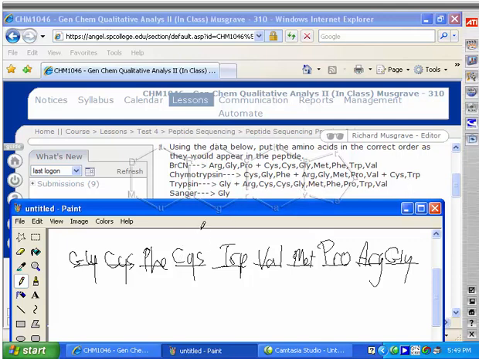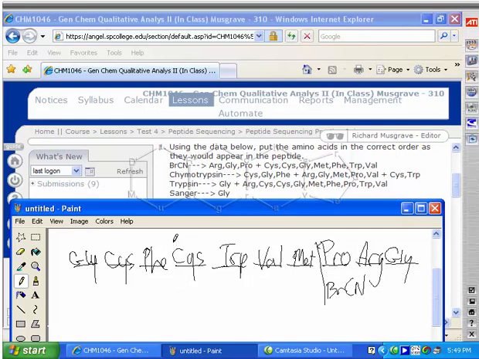At the end, you should probably go through and cut and make sure that the cuts do produce the data that's above. So what I can do is look at BRCN, it cuts after MET. And what do you know? I get 2 fragments, and these 2 fragments match in composition the fragments that are here.